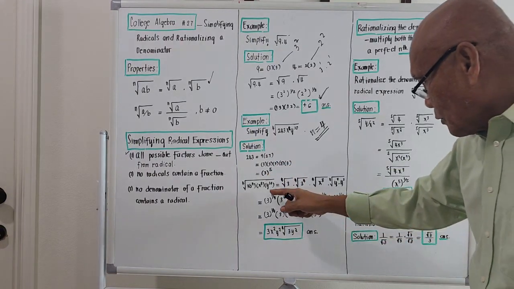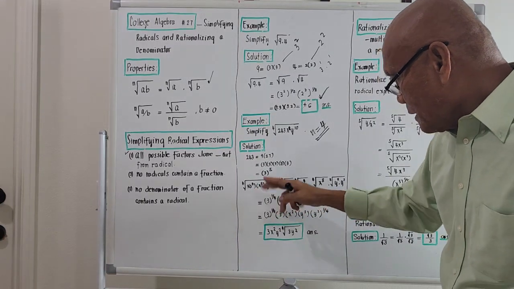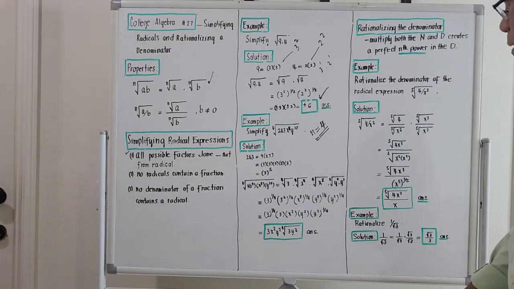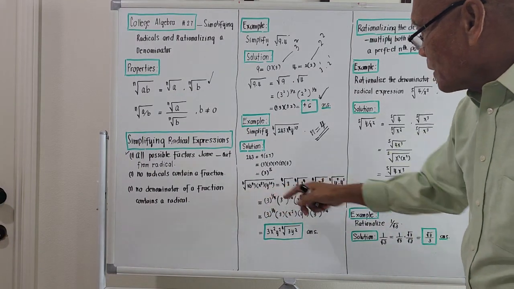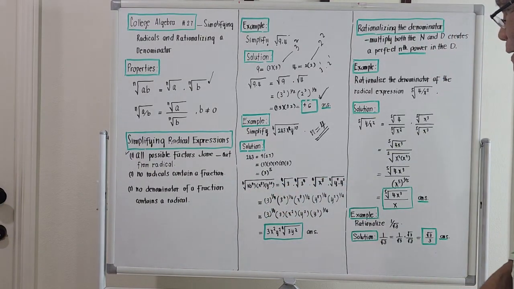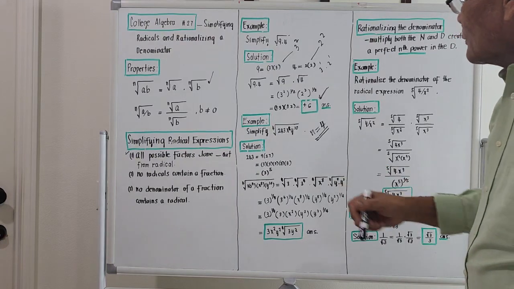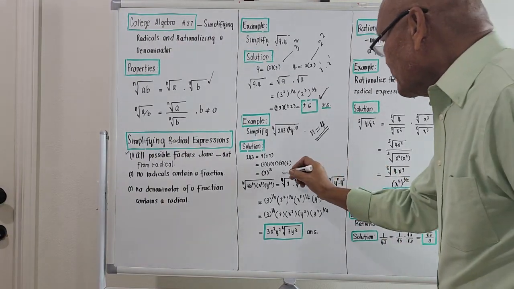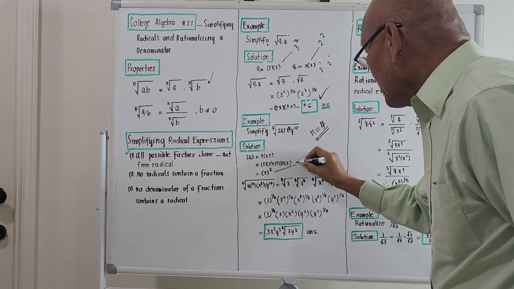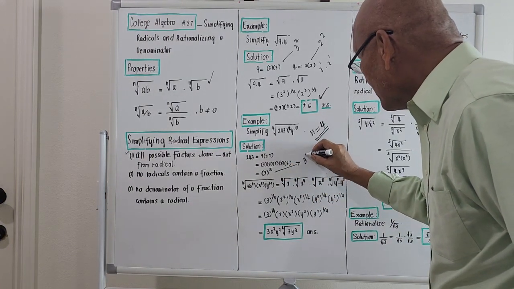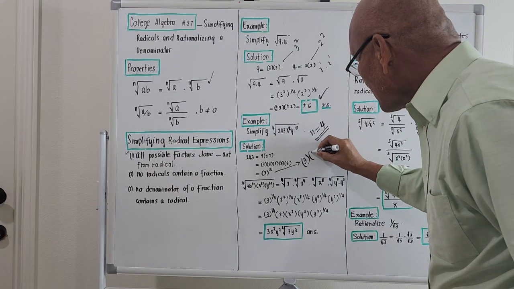So if I try to rewrite the given original radical expression, see, the operation inside is multiplication, right? So actually, I could write 3 to the 5th power as the product 3 times 3 to the 4th.